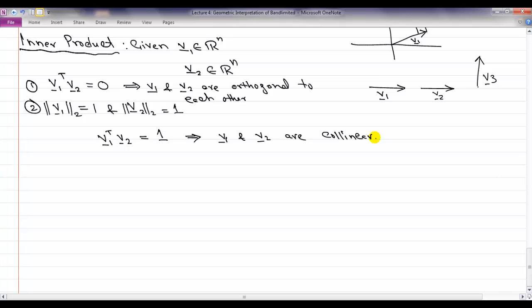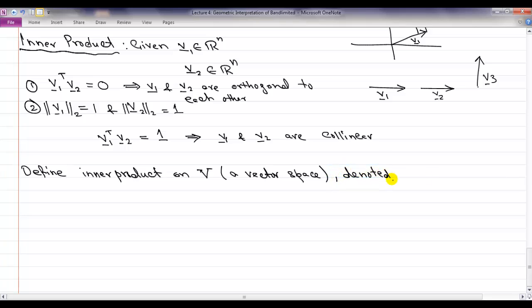In particular, we want to define something called an inner product on an arbitrary vector space V. The usual notation for that is two angular brackets.